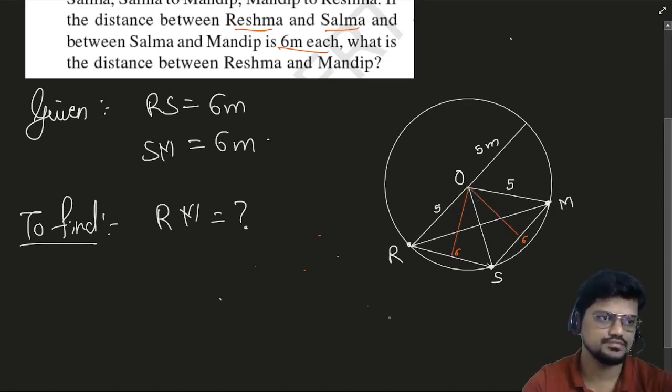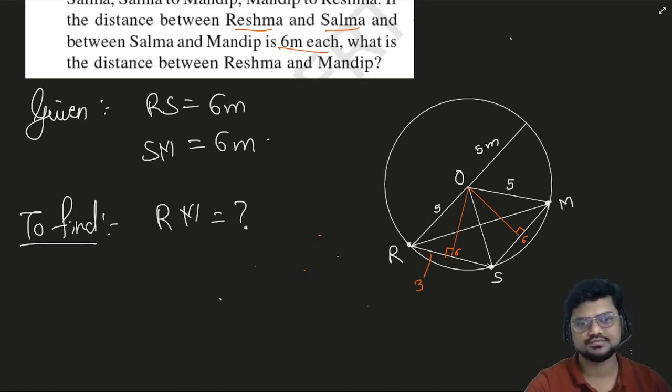These are perpendicular bisectors, drawn by construction. If this is 5, I know that this complete is 6. So this will be how much? 3. This distance will be 3. Yes or no? Yes, sir.